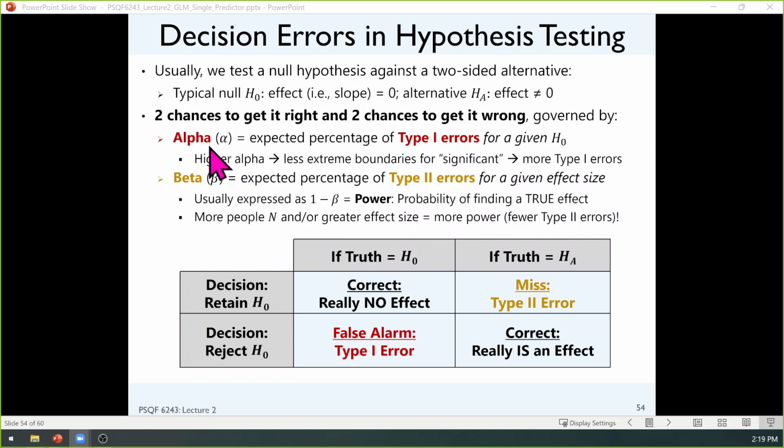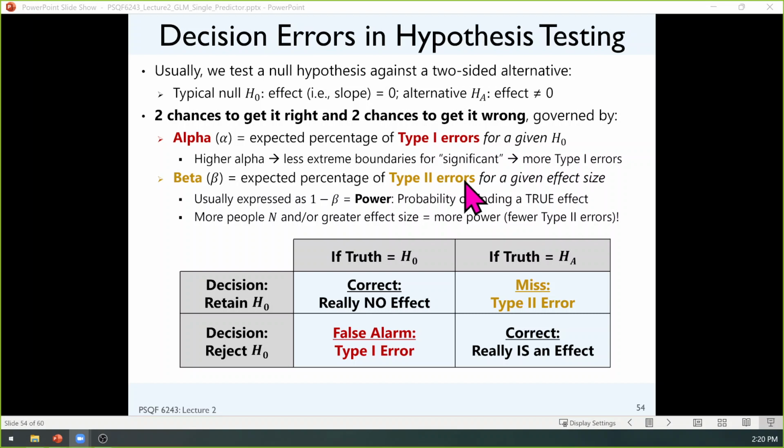And unlike alpha of 0.05, the conventional acceptable level of type 2 error rate, does anyone have a guess? It's not 0.05 for type 2 error like it is for type 1. Do you know what it is? Anyone? We haven't talked about this yet. I'm just curious if this has come up in other contexts for you.